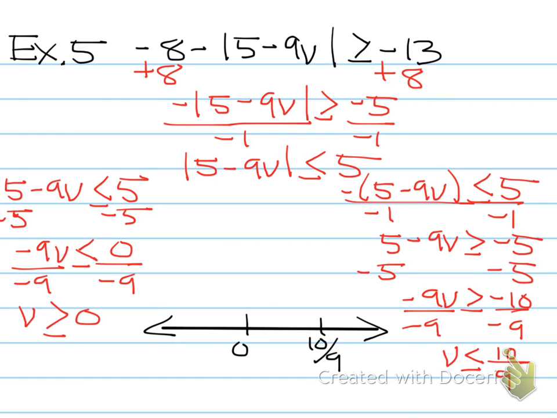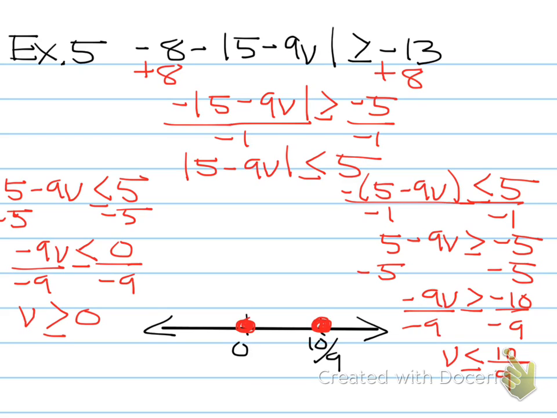So start by graphing the solution. For both inequalities, we have bars under the inequality, so we should be graphing closed circles. For the inequality on the left, v is greater than or equal to 0, the arrow is pointing to the right, so we're going to have an arrow to the right from 0.